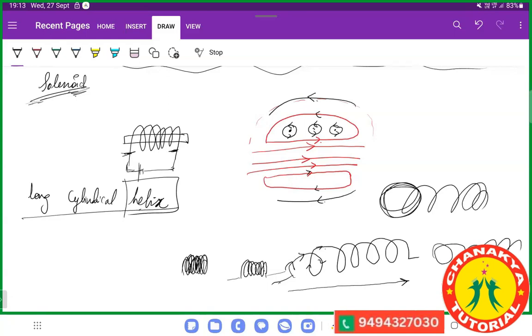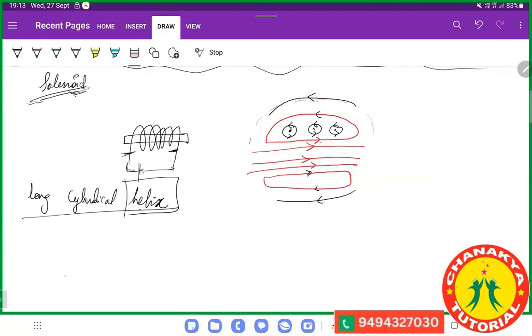Combined effect of circular pattern and forward direction, that is called helix. So the motion will be shaped like a spring. That is called a helical path or helix.